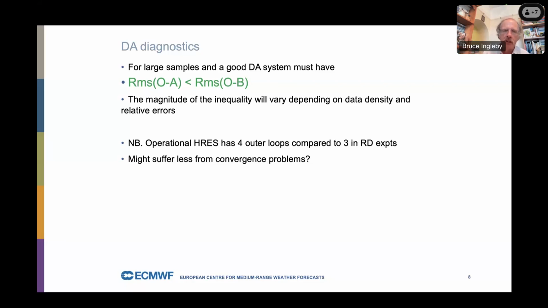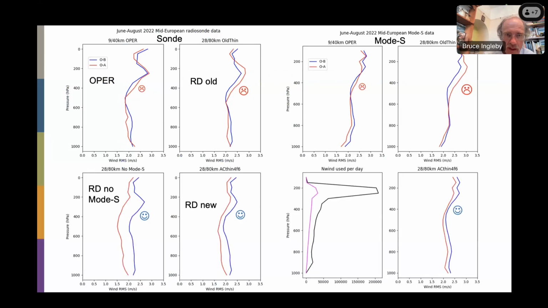It depends on things like data density and the relative errors. A bit of explanation on the plots I'm about to show: the operational high resolution system has 4 outer loops compared to 3 in research experiments. So the operational system might suffer less from convergence problems, and that does seem to be the case.